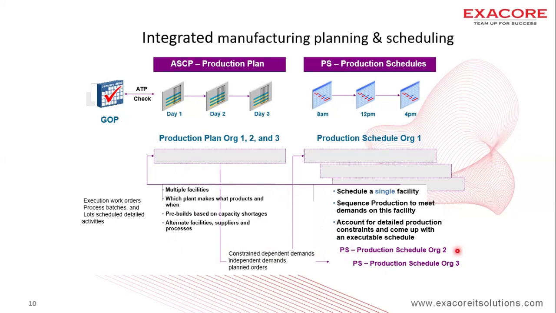Because the capacity of organization 1 might be different from organization 2 and might be different from organization 3. So ASCP consolidates all this data in the production plan and provides us with the best production schedule to begin the production to meet the demands. So there is a complete end-to-end integration between manufacturing planning and scheduling with the global order promising.